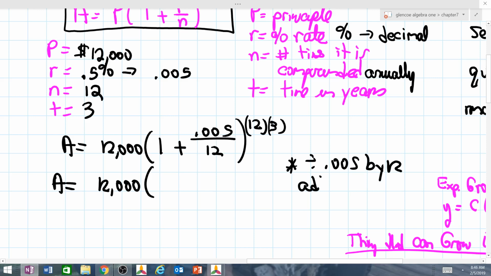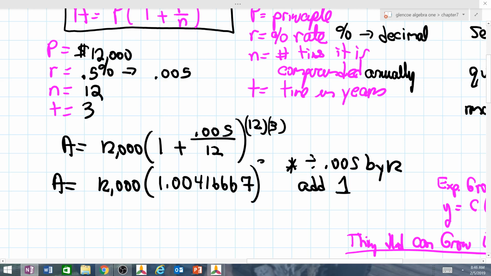Then you're going to add 1 to it. What I got on my screen, so you can confirm if I did it right, is 0.00416667. Did you guys get that? No, that's before you add the 1. Okay, now add 1. And obviously now you have 1.00041667. I'm just going to write it in here.